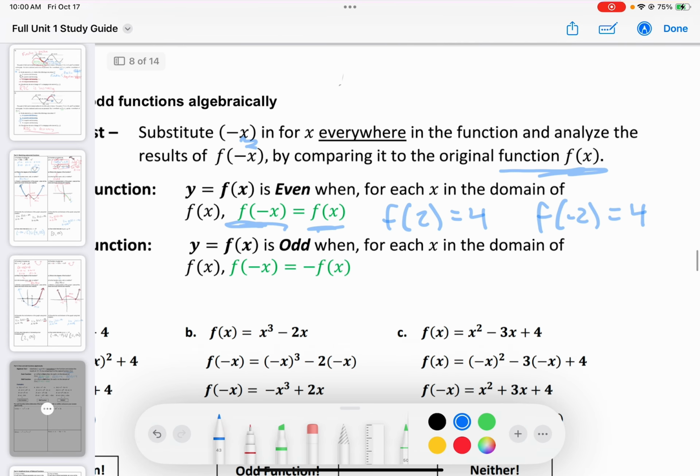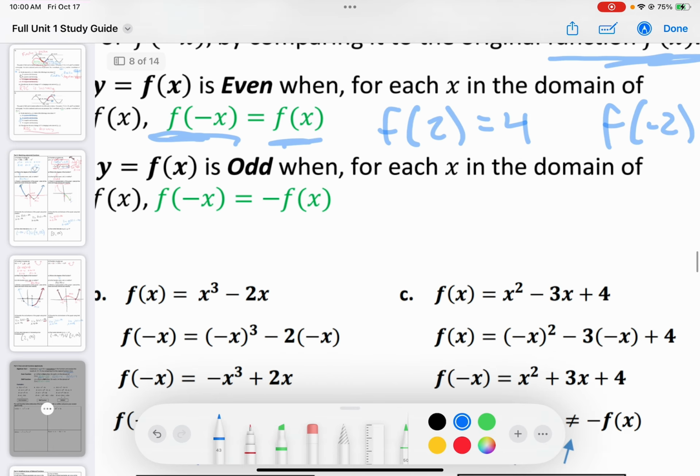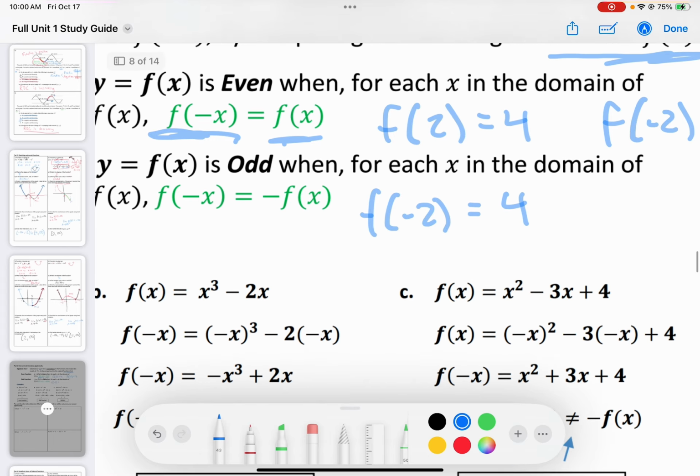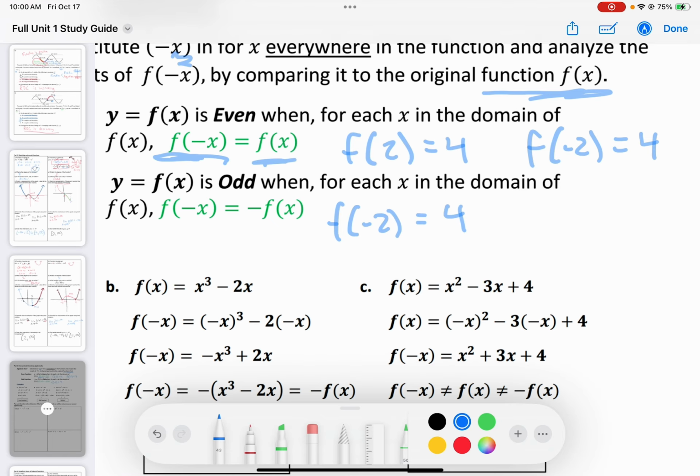Now, for an odd function, f of negative x should be equal to the negative f of x. So let's say f of negative 2 equals 4. What does that mean? Well, think about it on a graph. A linear function is odd.